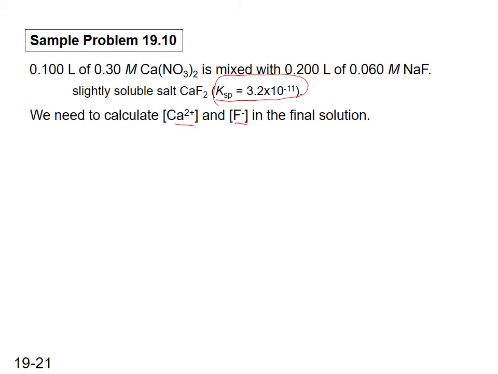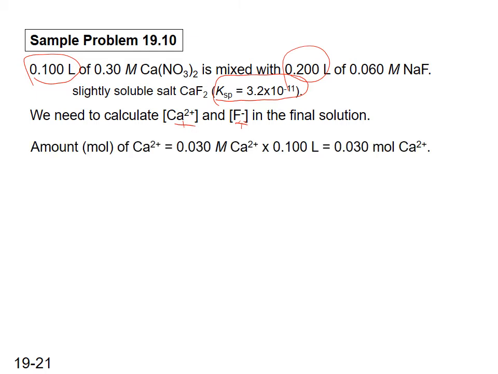To calculate the concentrations of cation and anion, we notice that when we mix two liquids, the volume changes. So 0.1 liter of calcium nitrate, 0.2 liter of sodium fluoride, so the total volume becomes 0.3 liter. And therefore, the concentration should be the moles divided by the new volume.